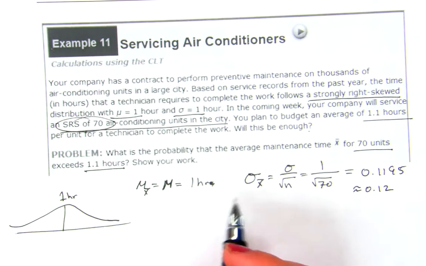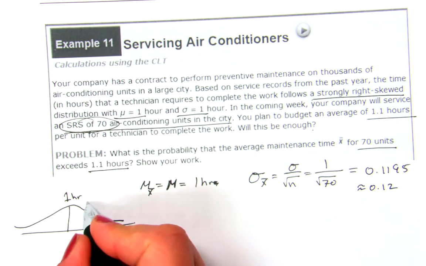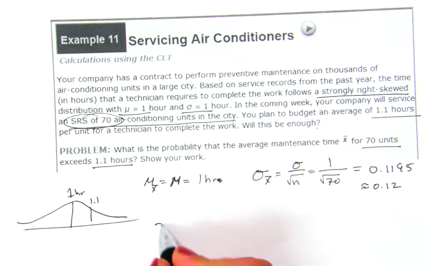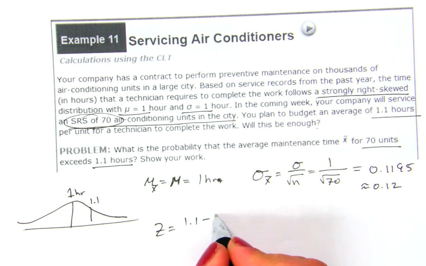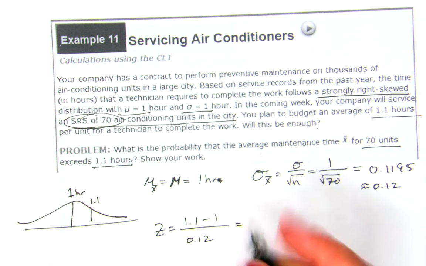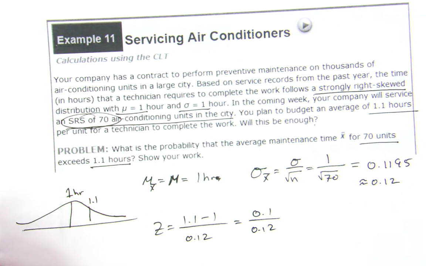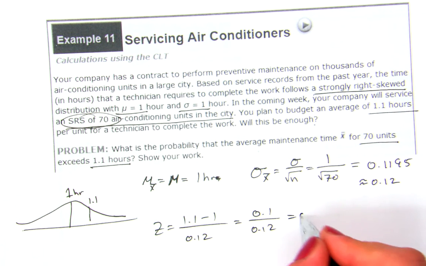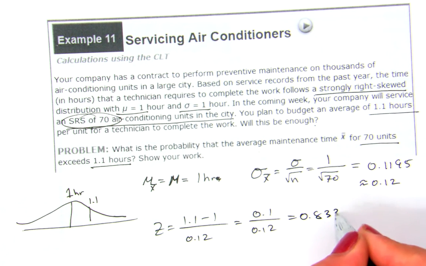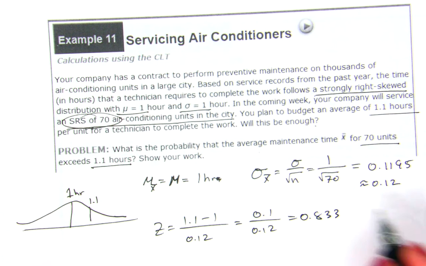We want to know that it exceeds 1.1 hours, so our z-score is going to be 1.1 minus 1, divided by 0.12. 1.1 minus 1 is 0.1, divided by 0.12 gives 0.833 repeating.